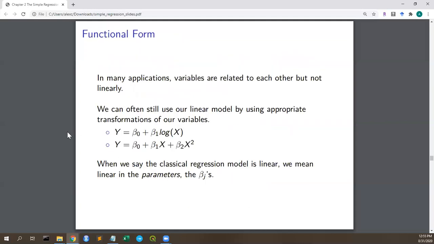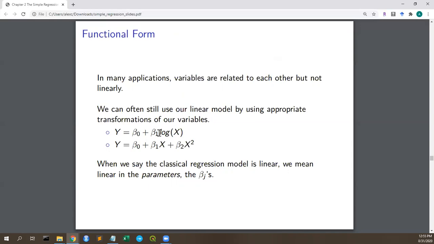So functional form. I mentioned this before, but when we say linear, we mean the parameters are linear, not the data itself. So for example, beta 1 enters into the model linearly, meaning that beta 1 is just a coefficient multiplied by something. It's not like log of x raised to beta 1. That would not be a linear model.